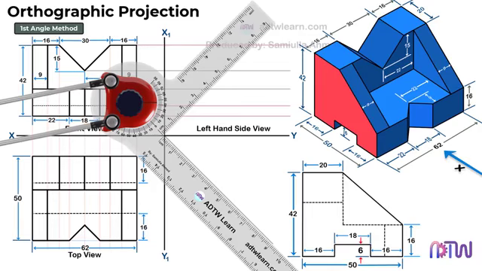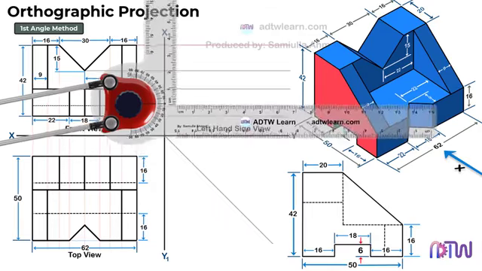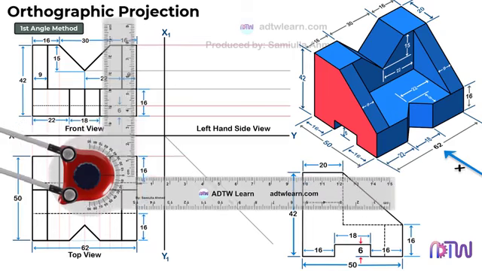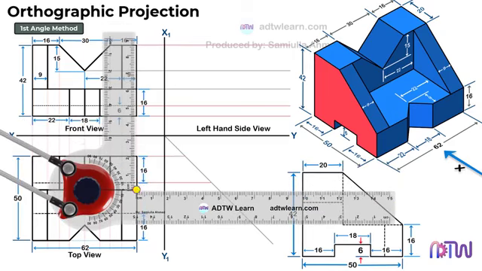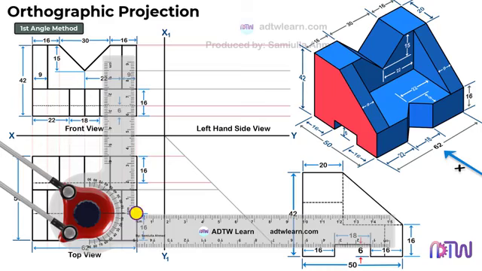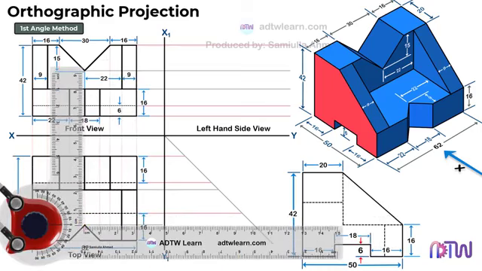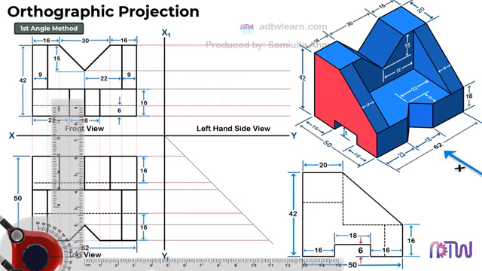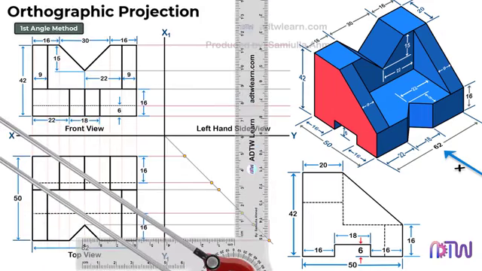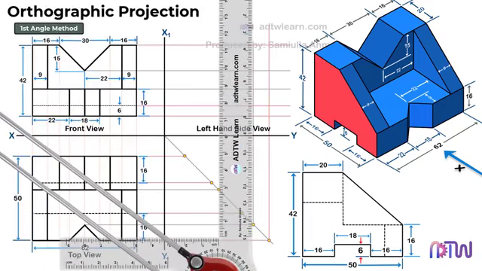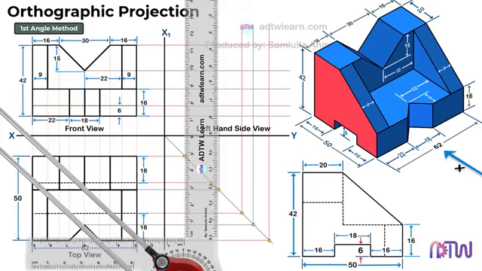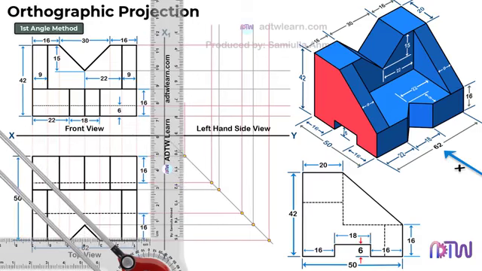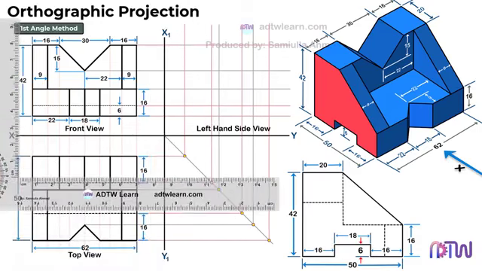Next, draw the horizontal lines from the corner points of the top view. After this, draw the vertical lines from each of these points. These reference lines will help us in drawing the left-hand side view.